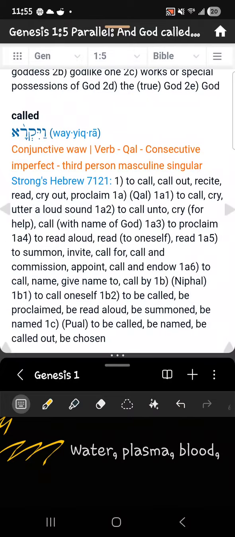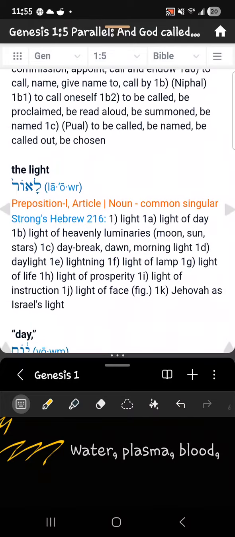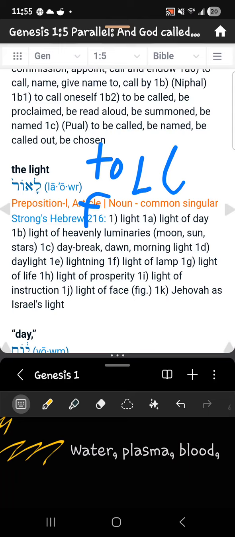Allah Hayam wa yaqara'a, he called la awar to the light, because the letter la at the beginning of a word means to or for. Okay.